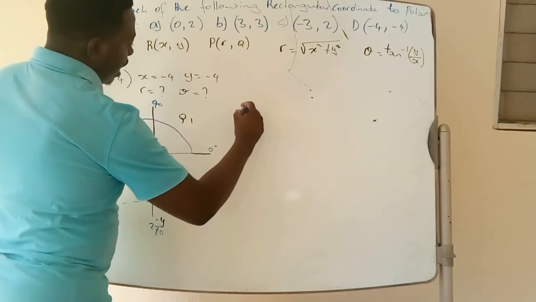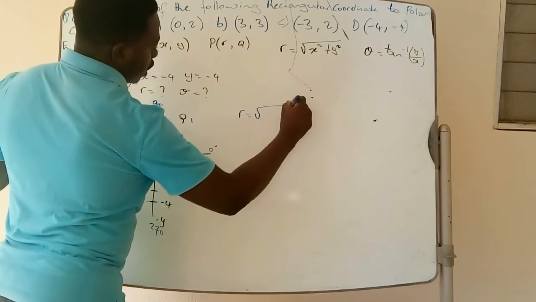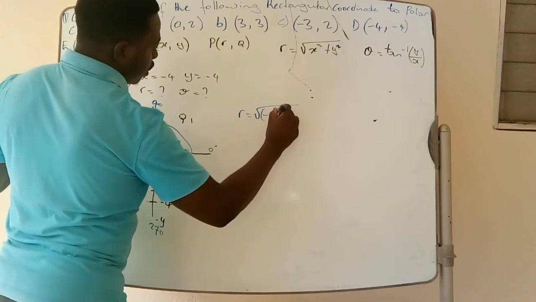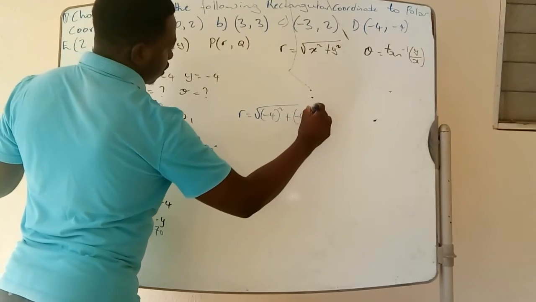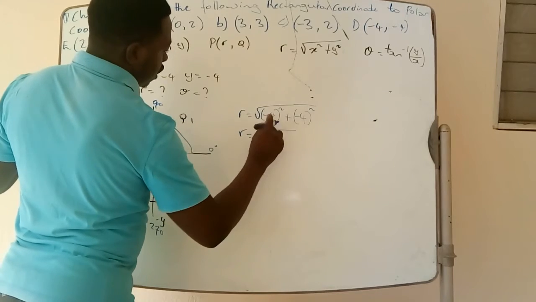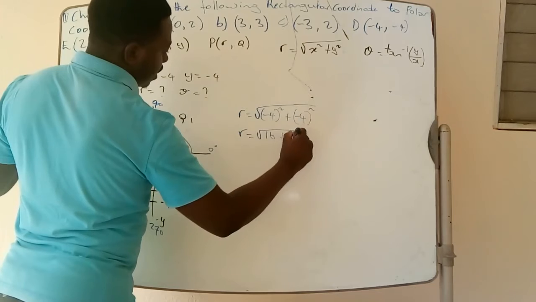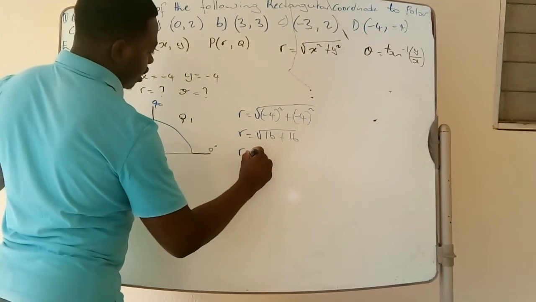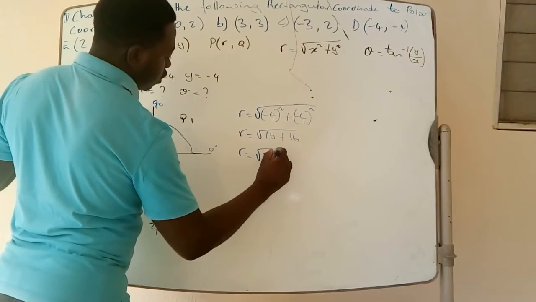Now, let's go ahead and calculate r. So r is equal to the square root of -4 squared plus -4 squared. 4 squared is 16, plus 4 squared is 16 again. So r is the square root of 16 plus 16, that's the square root of 32.